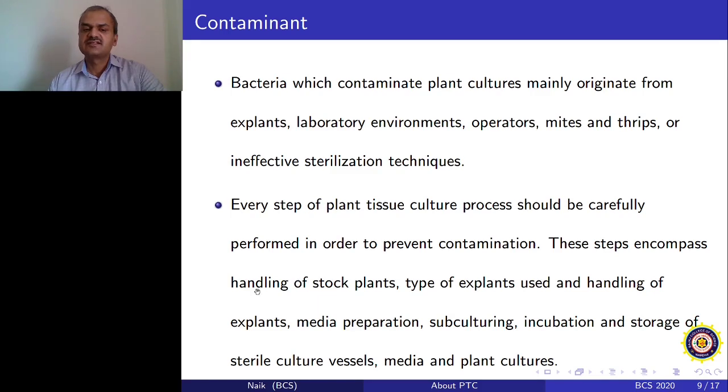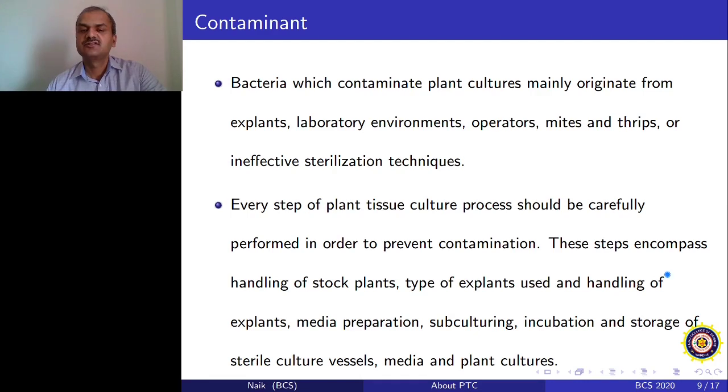And these steps are basically handling of stock plant, handling of mother plant, the type of explant which is used, then handling of explant, media preparation, subculturing, incubation, storage of sterile culture vessels, media, and plant cultures. So all these different aspects and stages of tissue culture have to be maintained meticulously, and you will have cultures which are completely free from bacteria and fungi forever.